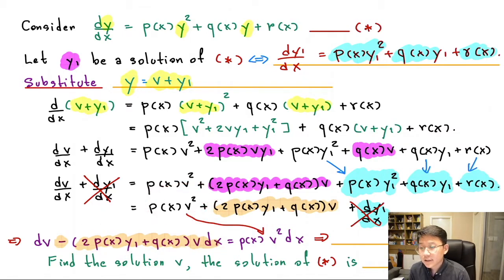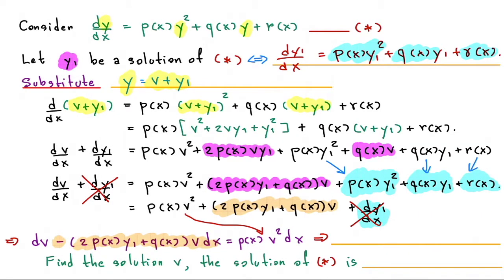Make sense? And this equation, if you look closely, is actually a Bernoulli equation when n equals 2. Why? You look here. Right now, our y is actually v, right?